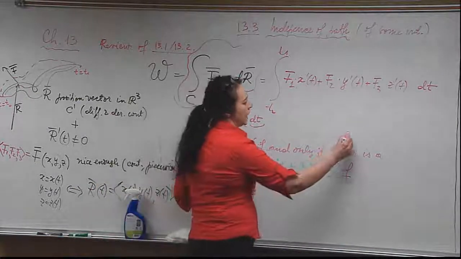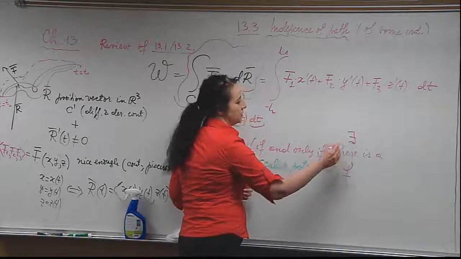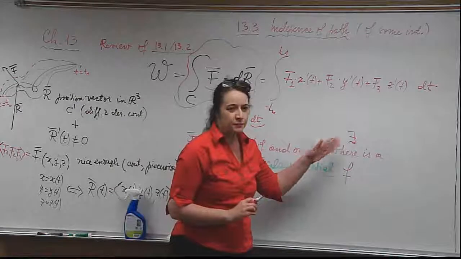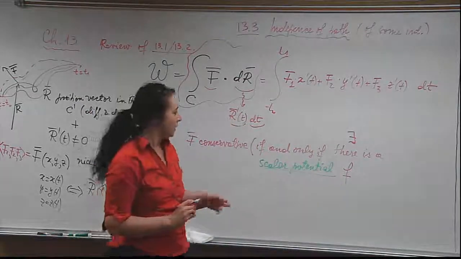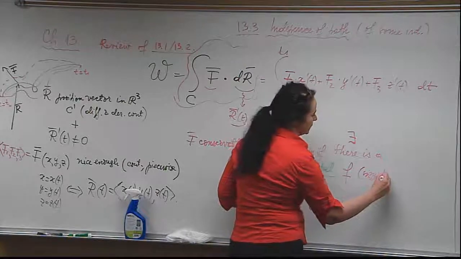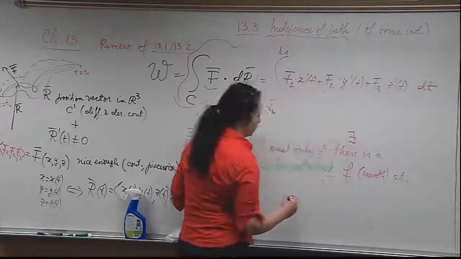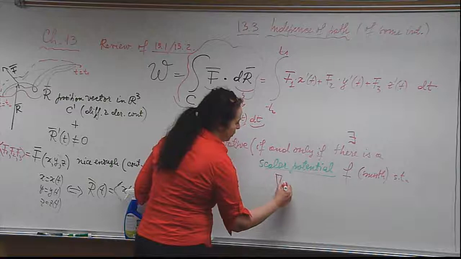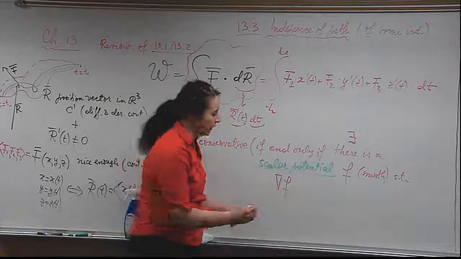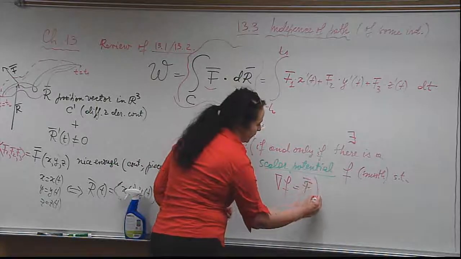Instead of 'there is', I didn't want to put this symbol because a few people told me they got scared about this symbolistic set. This means there exists. Okay? A smooth potential, at least differentiable C1, such that the nabla of f, what the heck is that? The gradient of this little f will be the given F.